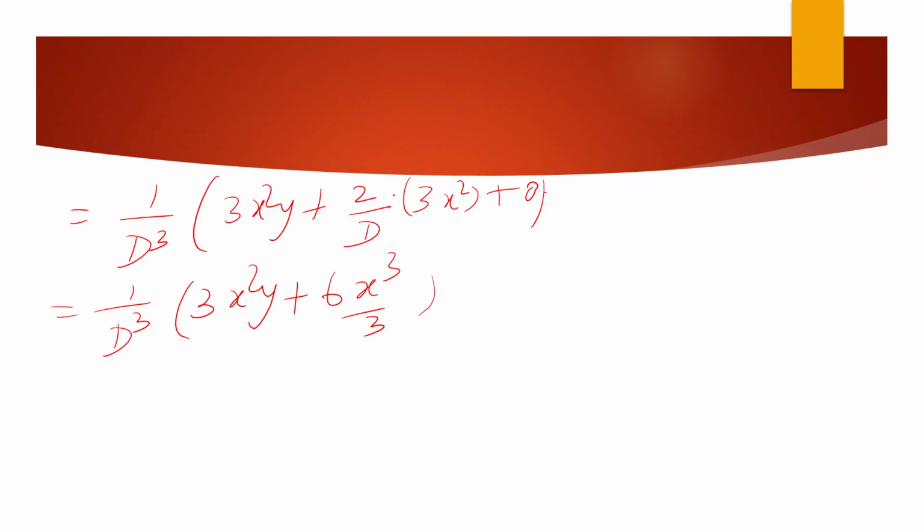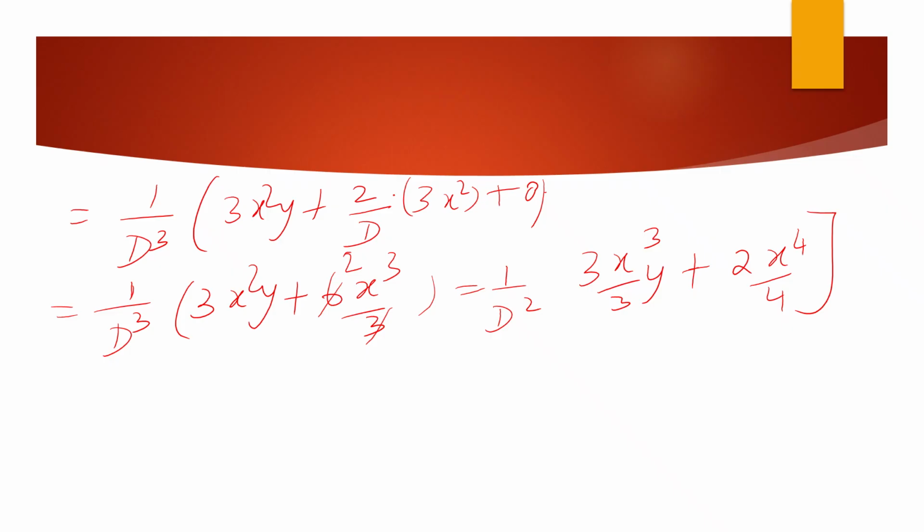Now we have to integrate this with respect to x three times. When you integrate with respect to x one time, we get 3 x cube by 3 into y, and in the second term we get 2 x power 4 by 4. We can cancel the 3 here, and here it is 2.